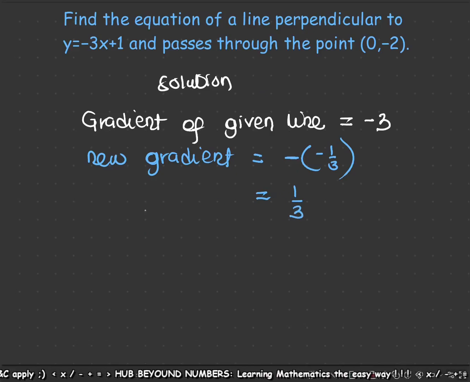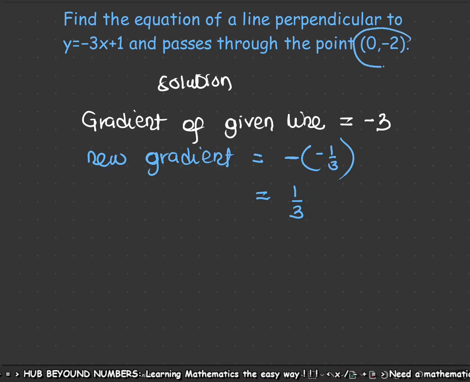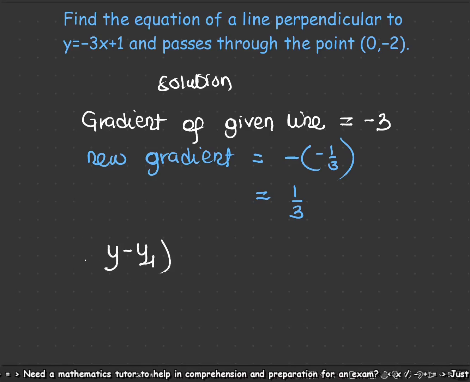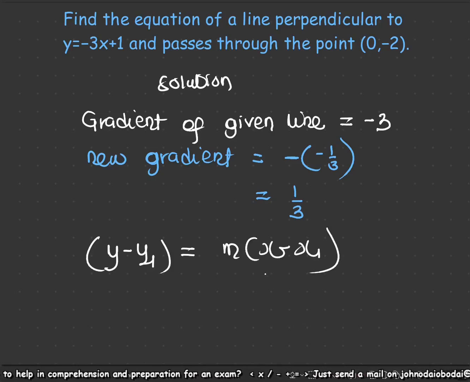And with this now, we have gotten the gradient of the line we want, and we have one of its points over here. So as I have said, just get the gradient and get your point, and you are good to go. So using our point slope equation, which is y minus y1 is equal to m into bracket x minus x1, we do our substitution.